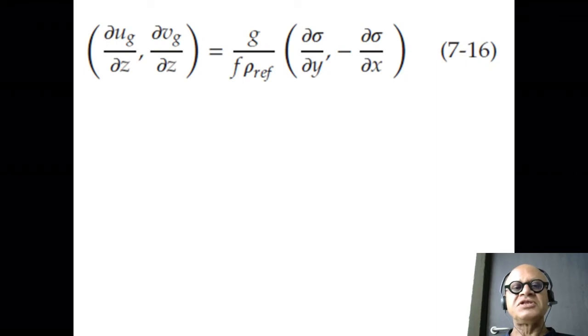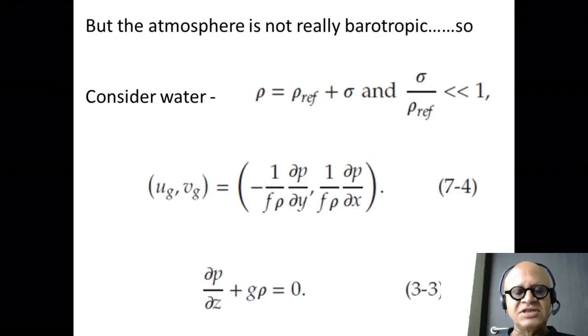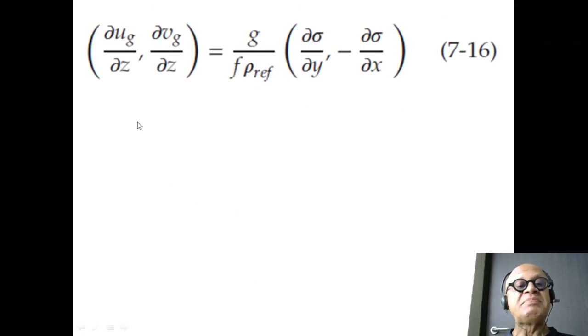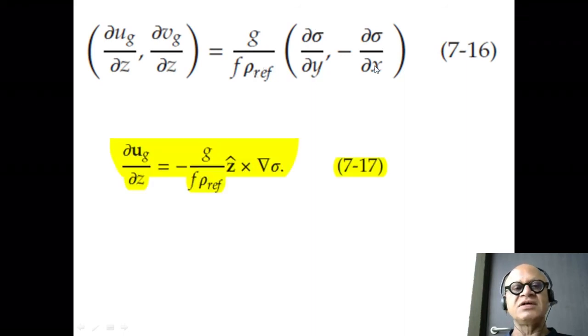So sorry, d sigma/dx and d sigma/dy. D sigma/dz is going to replace dp/dz here when you take du_g/dz and dv_g/dz. I'm saying too many words, but I think you know what I mean. Okay. Simply, du_g/dz and dv_g/dz are given by g over f rho ref, d sigma/dy minus d sigma/dx. Sit down and go through the equations.